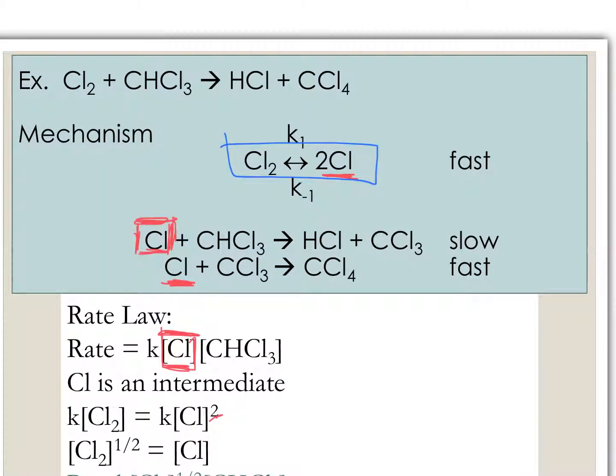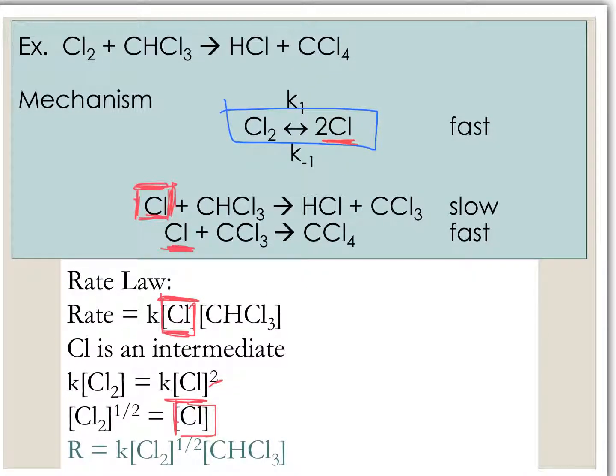So the square root of the concentration of Cl2 is going to be equal to the concentration of Cl. Now we're able to replace this. This was the goal all along, to find something to replace this intermediate in my rate law. I plug that in. R equals concentration of Cl2 square rooted times CHCl3.